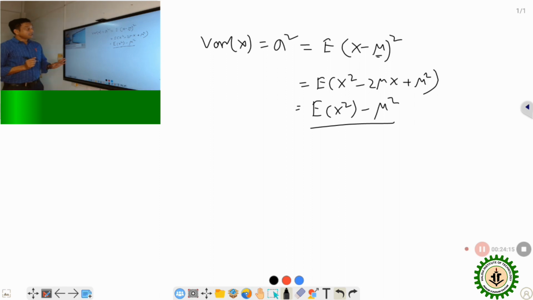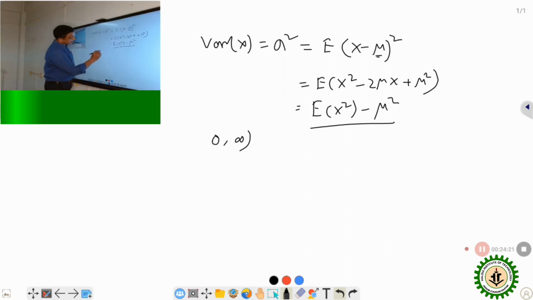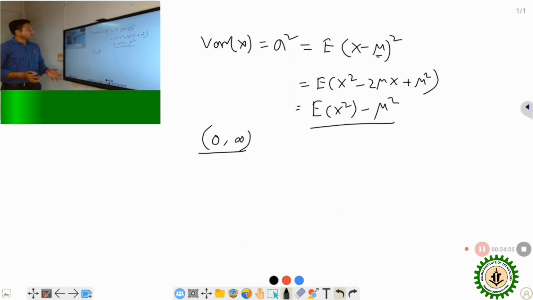Now let me tell you, variance lies in the interval 0 to infinity. When a data set has a greater variance compared to another one, then it lacks consistency, and if it is inconsistent data, then it is not so reliable. To be reliable, variance must be low.